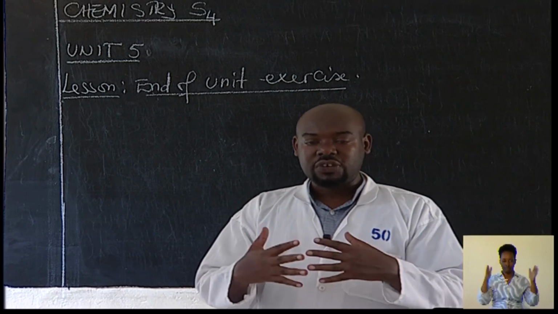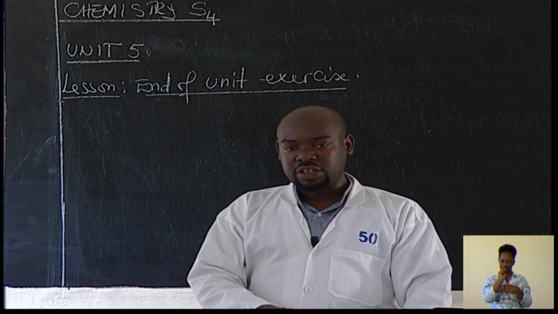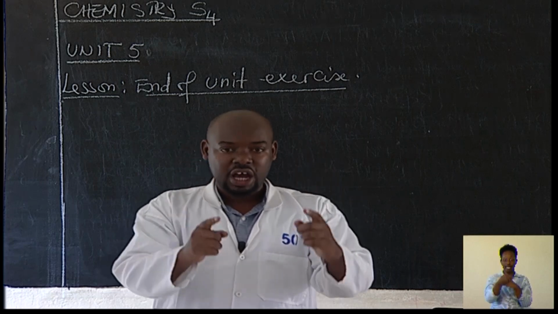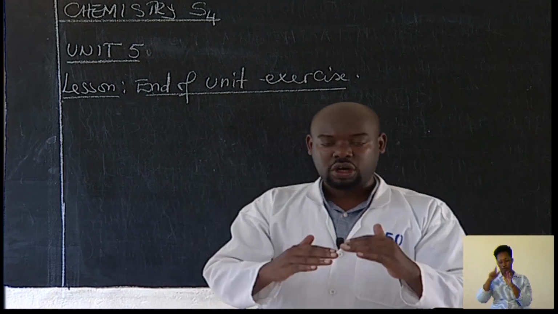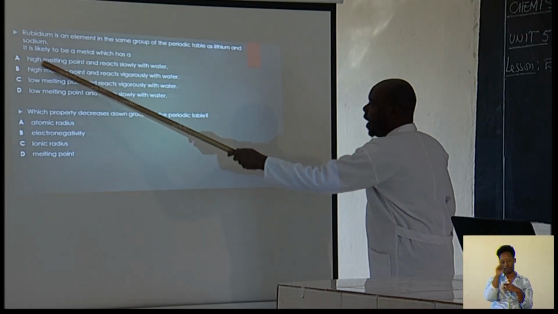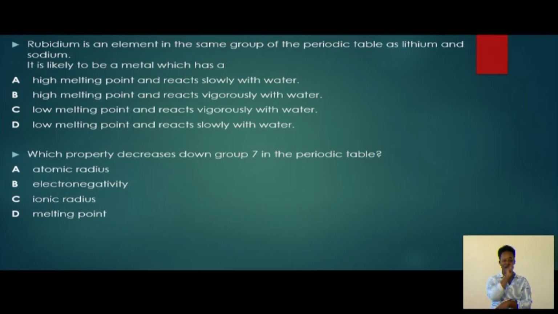So the electrostatic forces become weaker and weaker, and then the melting point becomes lower and lower. So suggestions A and B with high melting point are wrong. Rubidium has a lower melting point than either sodium or lithium.